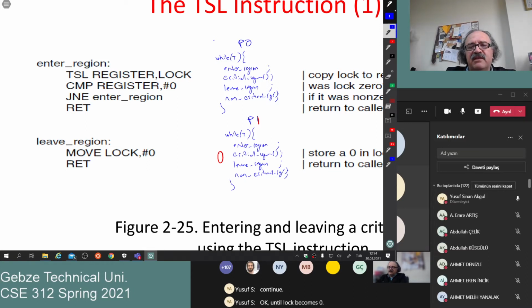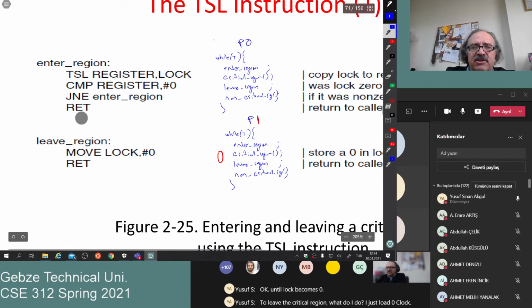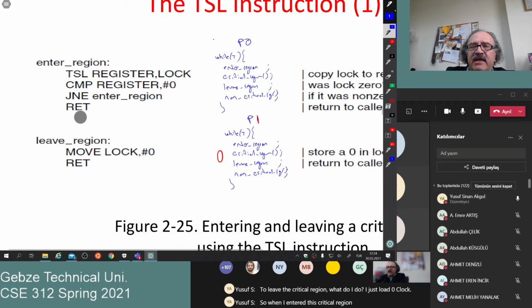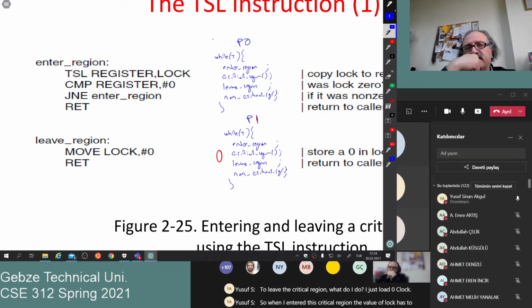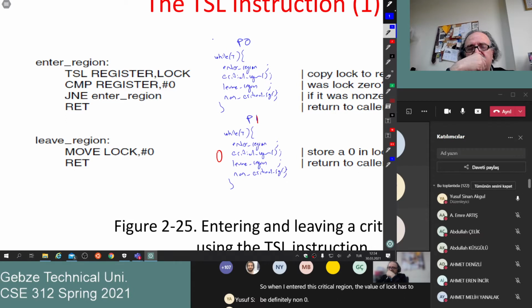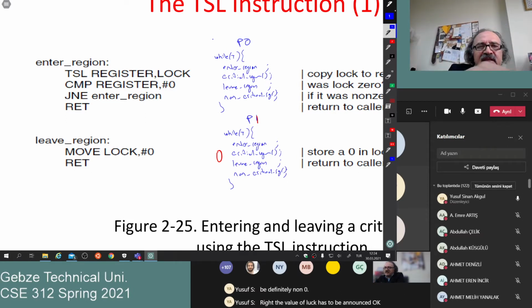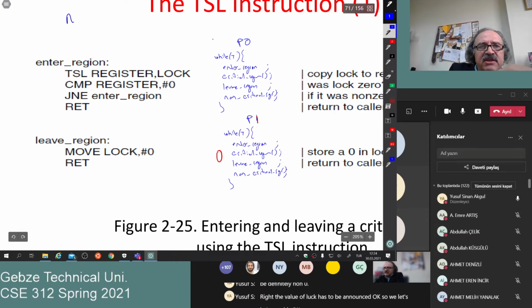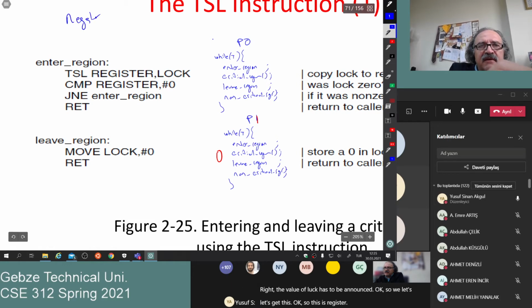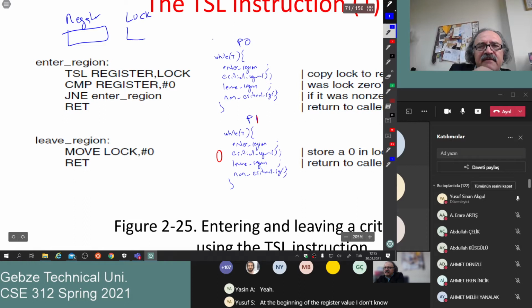To leave the critical region, I just load 0 to lock. So when I enter this critical region, the value of lock has to be definitely non-zero. Okay, so let's look at this. This is register; at the beginning the register value, I don't know. This is lock.